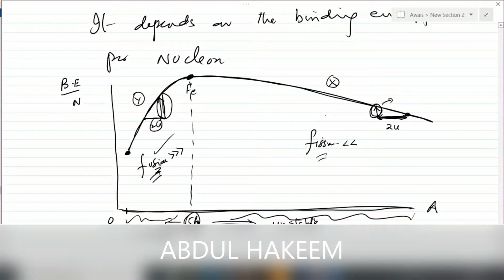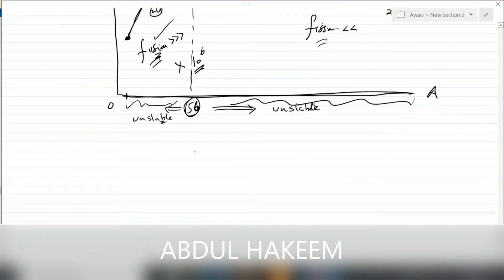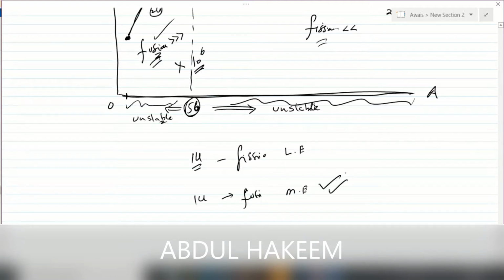And do remember, fusion is approximately mega times more powerful than fission. If 1U mass defect during fission and 1U mass defect during fusion, then less energy is released here, and here more energy is released. So this is more powerful and this is less powerful.